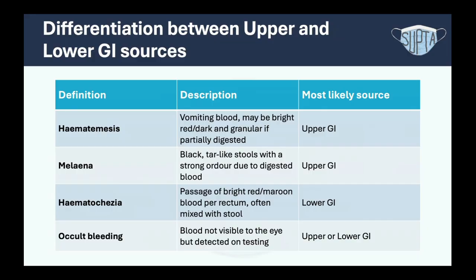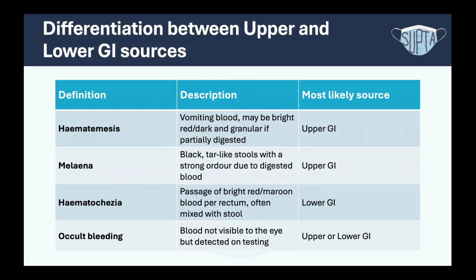So now I want to talk about differentiation between upper and lower GI sources. I'm sure a lot of you have come across these terms already, so this will just be a quick recap. When a patient presents with GI bleeding, the first thing we want to ask is whether this is coming from the upper or the lower GI tract. The appearance and the color of the blood actually gives us a lot of clues.